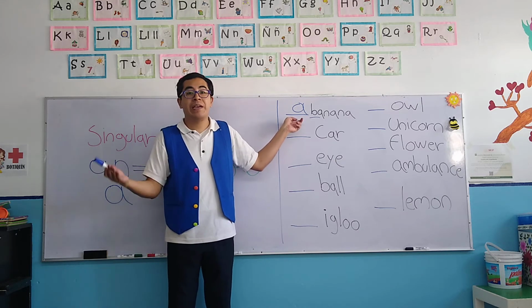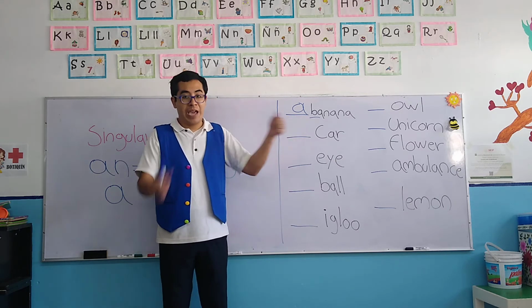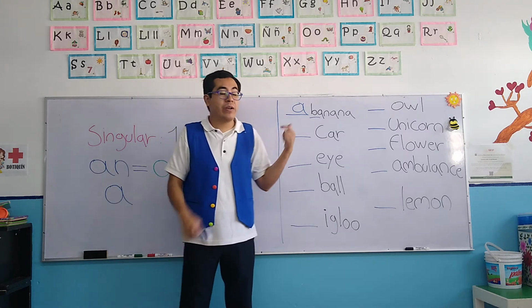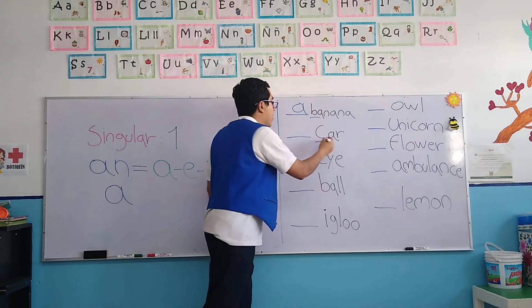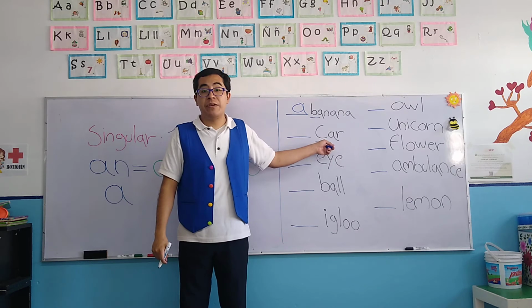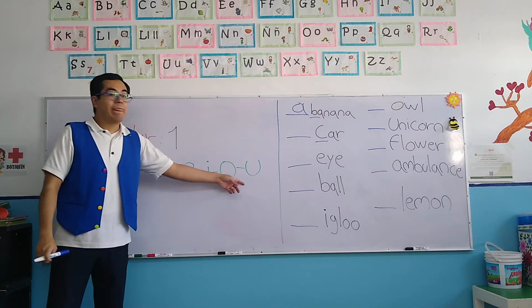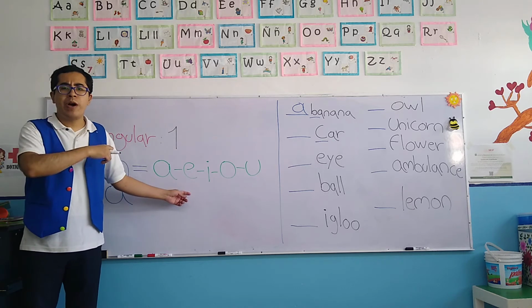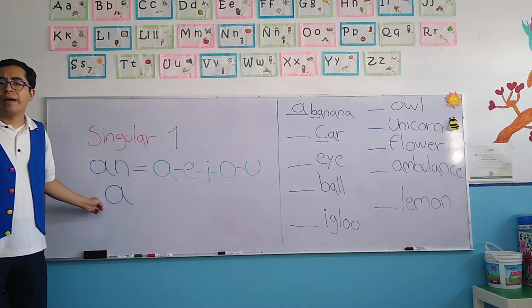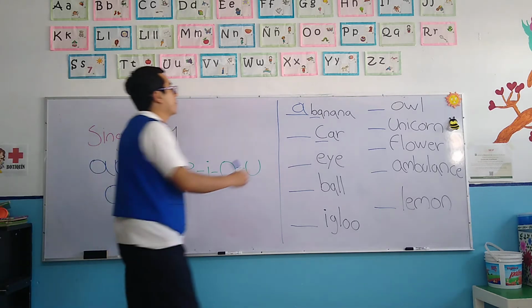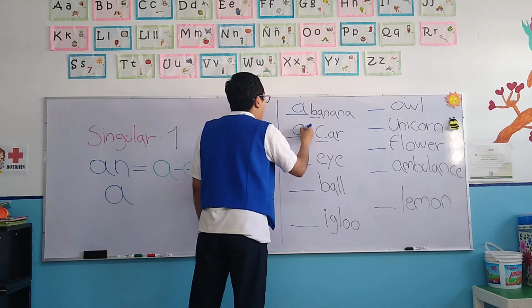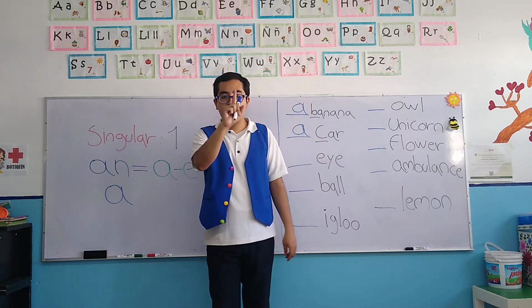Ahora sí ya lo pasé a singular, okay? Excellent. Let's continue with the second example. Car. Now car begins with letter C. Letter C. Is it a vowel? No. So what do we write? An or a? A. A car. Okay? Only one.